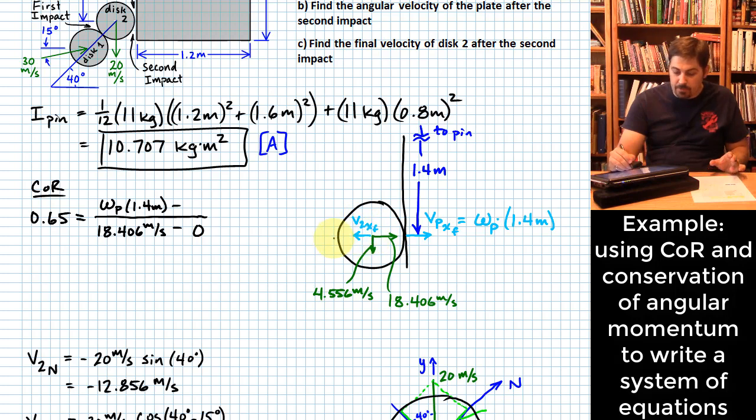V2xf, we assumed it was to the left. The thing is, if we assume it's to the left, that's actually a negative velocity according to the positive direction that we've defined here. So when I subtract, I would subtract a negative V2xf. Okay, just got to be careful with those.